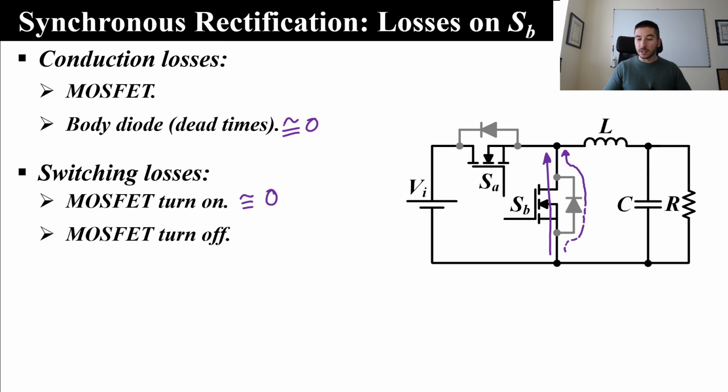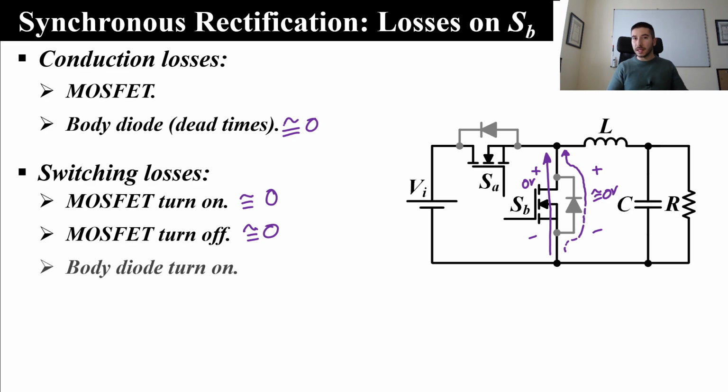So, in this situation, the voltage before the change is 0 volts, and the voltage after the current change is more or less 0 volts. So, as in the previous case, the power losses about this process can be considered 0. Okay, so with this we finish with the MOSFET SV.